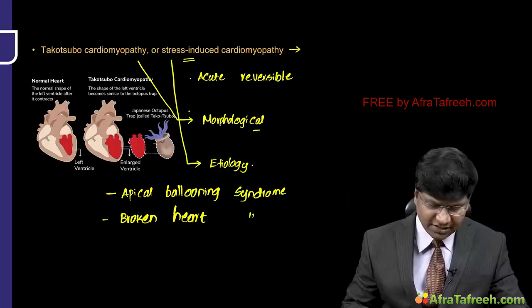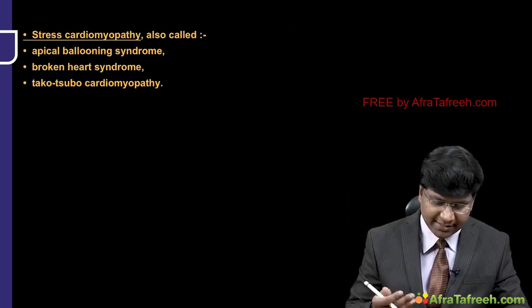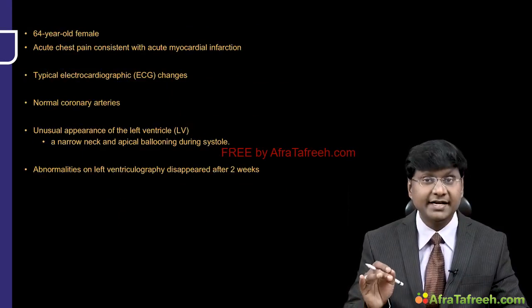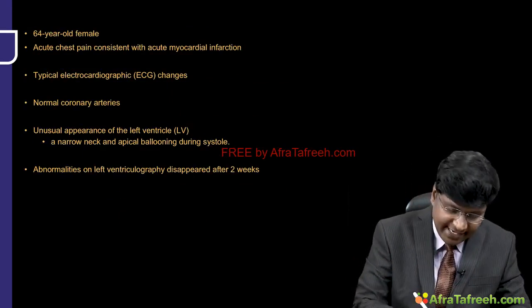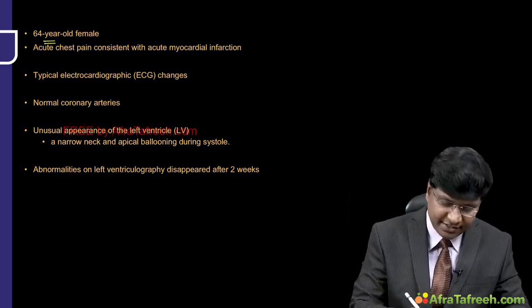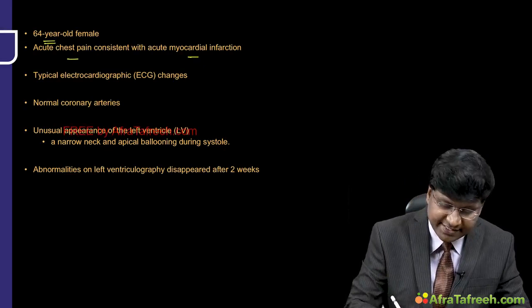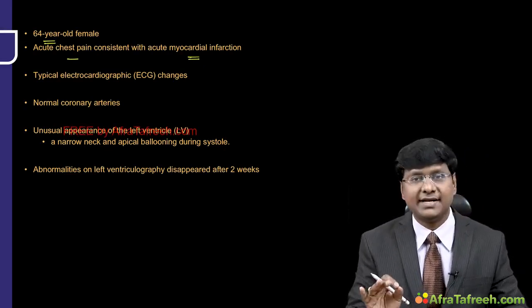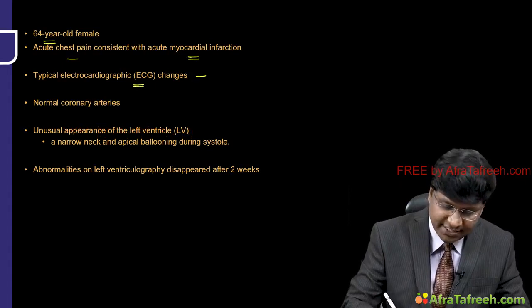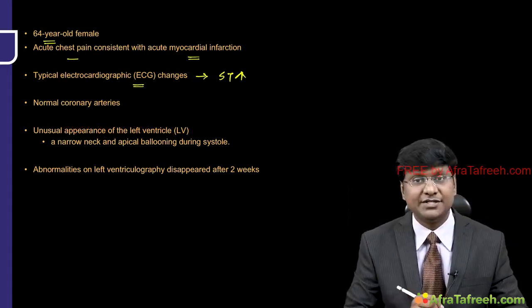Now this broken heart syndrome or apical ballooning syndrome was first diagnosed in a 96-year-old female. She presented with acute chest pain consistent with acute myocardial infarction, and there were typical ECG changes in the form of ST segment elevation.